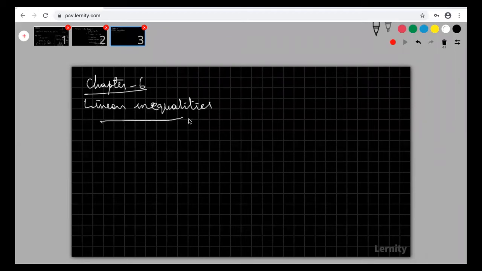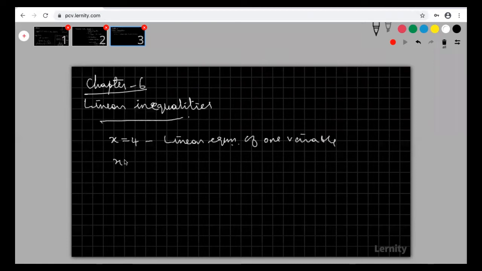So what are linear inequalities? What is a linear equation? Look at this. Suppose I take x equals 4. Is it a linear equation? Yes, this is my linear equation of one variable.